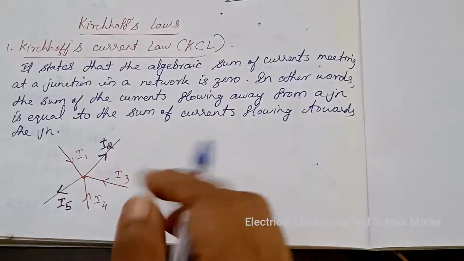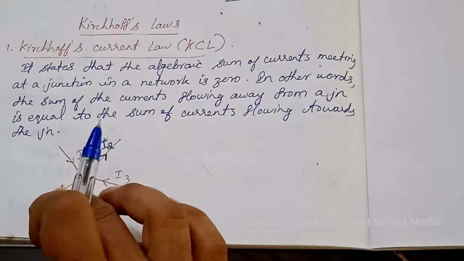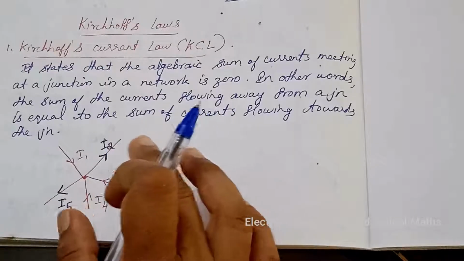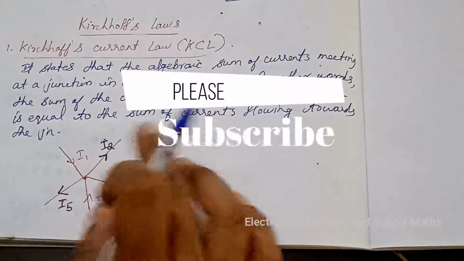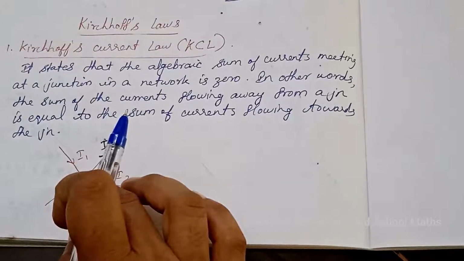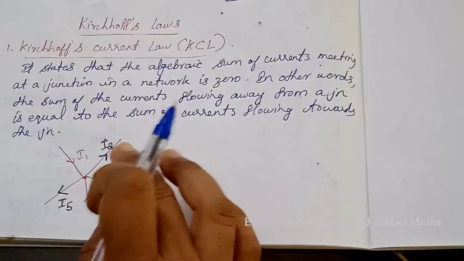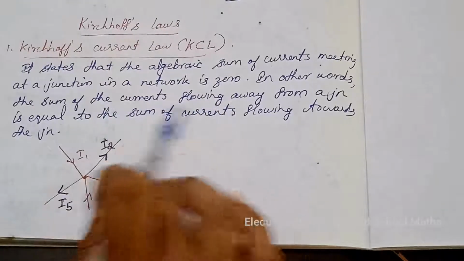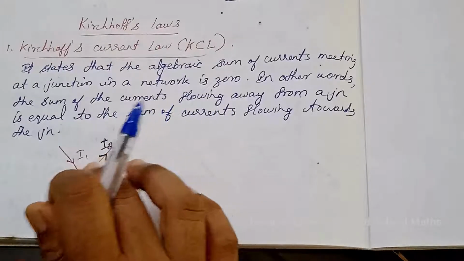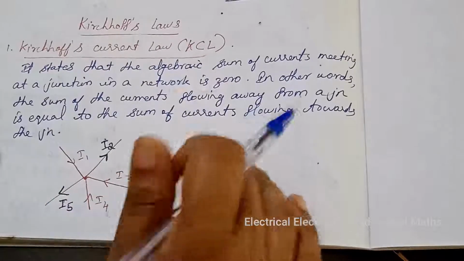Consider 5 currents I1, I2, I3, I4 and I5 meeting at a junction. Assuming the currents entering into the junction as positive and currents leaving the junction as negative, we can take the algebraic sum of all of these 5 currents and equate it to 0.